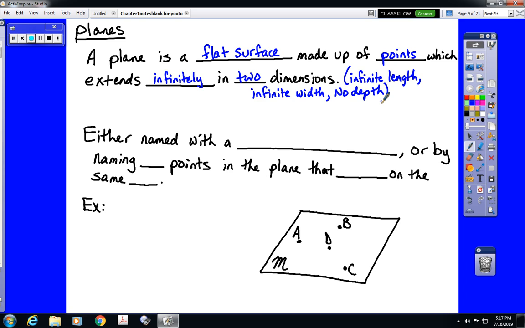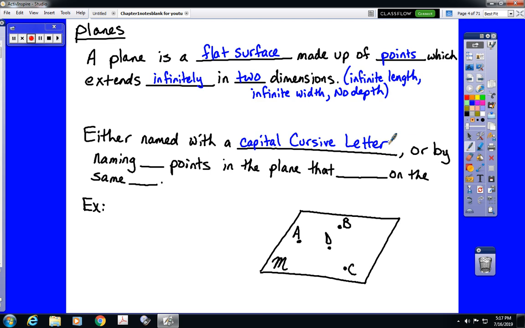So what you should do is you should look at the floor of whatever room that you're in and imagine that instead of ending at the walls, that floor just went on forever in all 4 directions. That would be a plane. Okay, so when it comes to naming a plane, there are again a couple of ways that we can do that. The first way is with a capital or uppercase cursive letter.